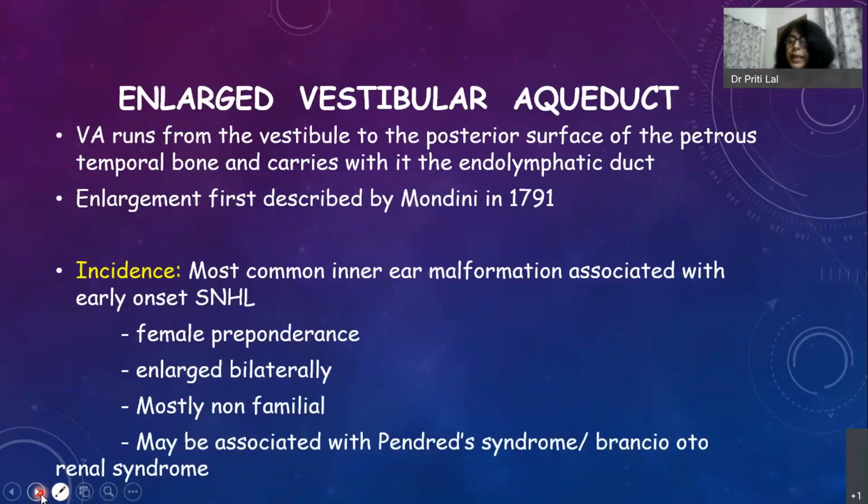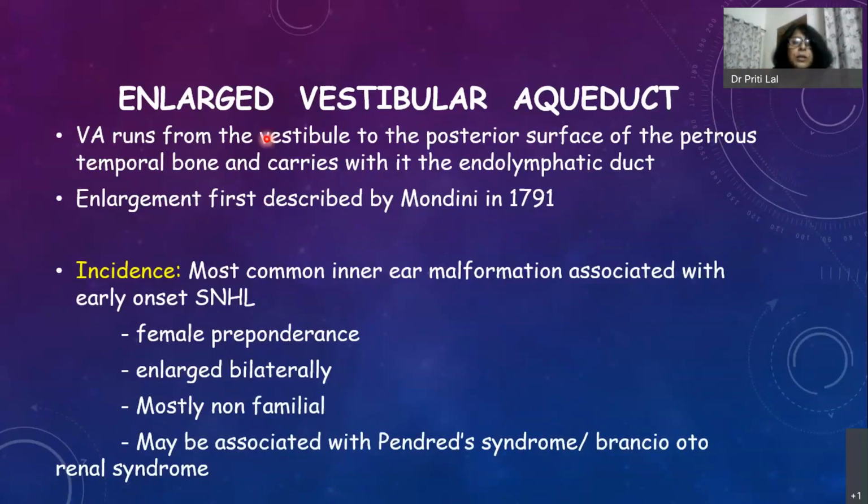Now, coming to the enlarged vestibular aqueduct. As I had mentioned earlier, the vestibular aqueduct runs from the medial surface of the vestibule to the posterior surface of the petrous temporal bone and carries with it the endolymphatic duct.